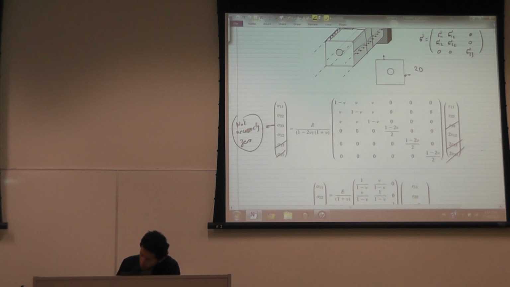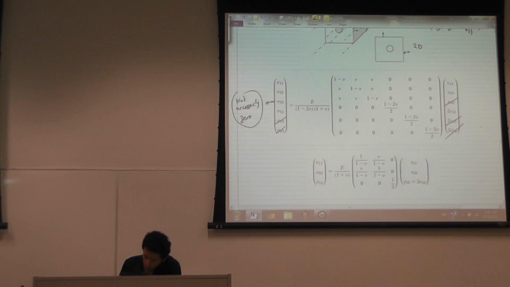So you get the relationship between sigma 1,1, sigma 2,2, sigma 1,2, and epsilon 1,1, epsilon 2,2, and epsilon 1,2.